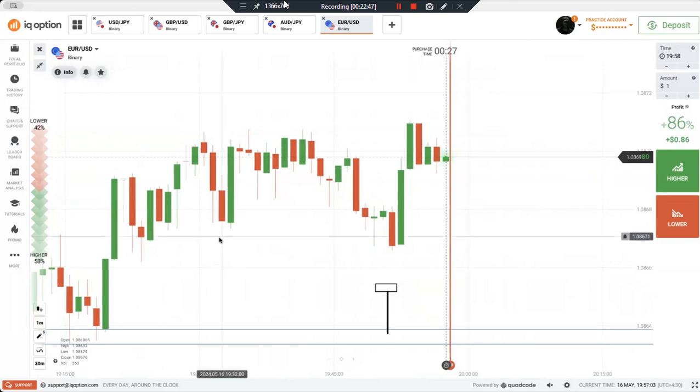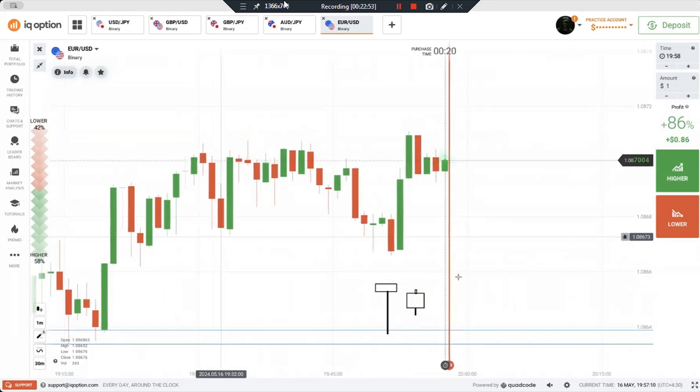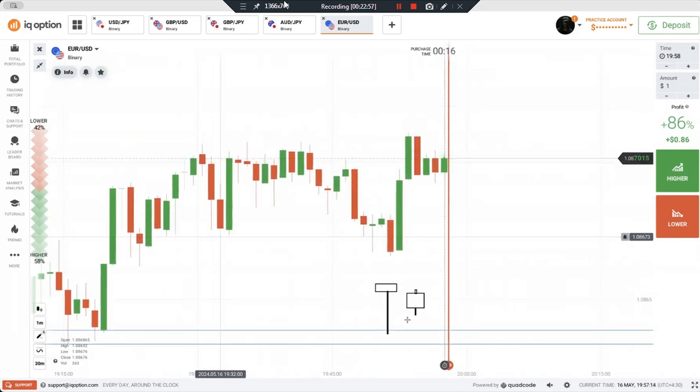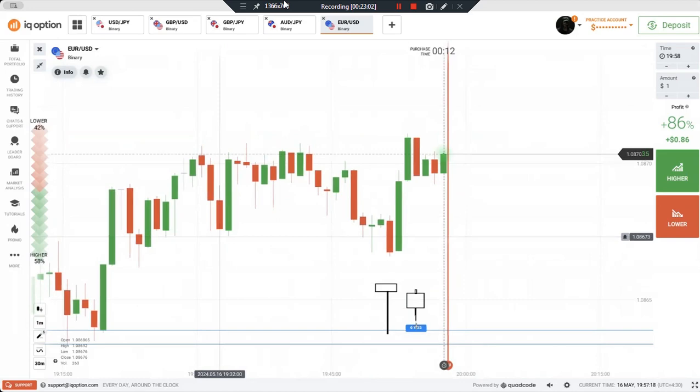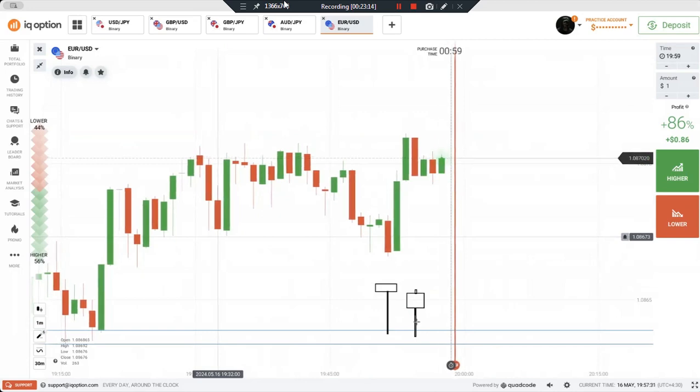So how can you trade in this situation? You have to wait for the market to close at least one candle. It can be one candle, two candles, three or more. At least one candle. But the rule is it shouldn't touch our line at all. The color of this candle doesn't matter. It can be green or red. The only thing that matters for us is that it shouldn't touch the line.